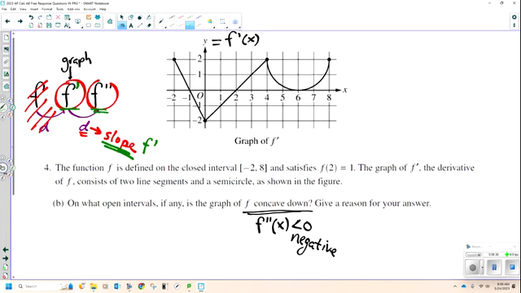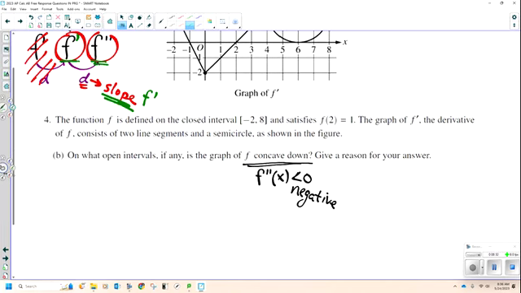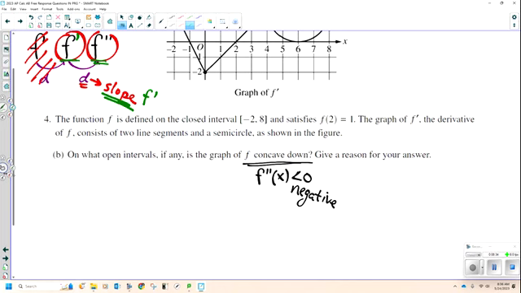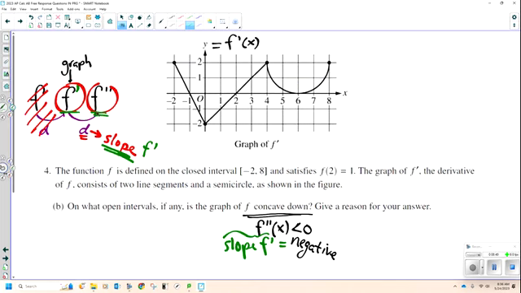So let's take that mentality down here to our little note. The second derivative needs to be negative. That means the slope of the first derivative needs to be negative, because the second derivative is the slope of the first derivative.